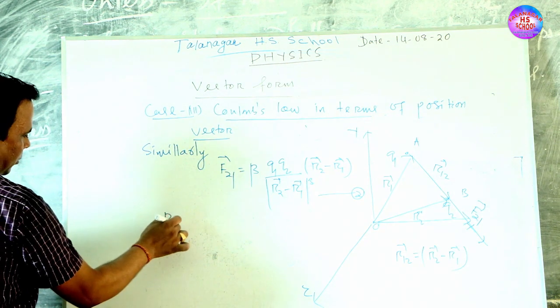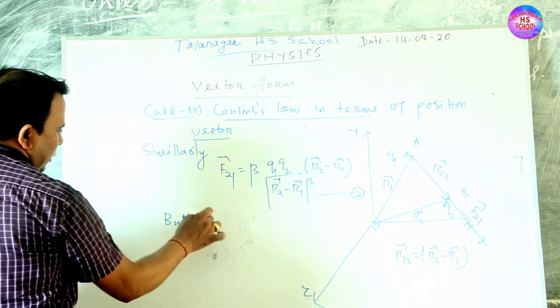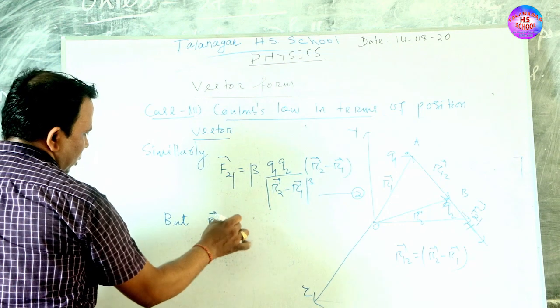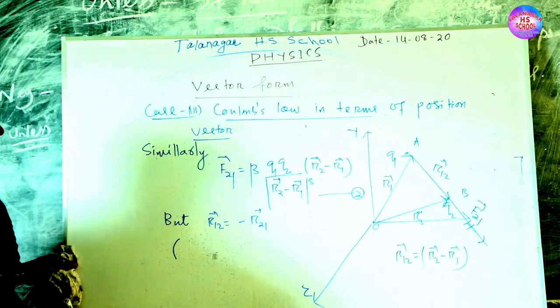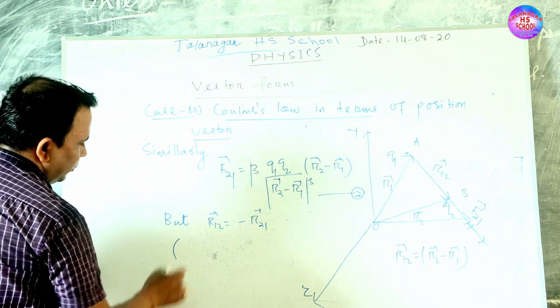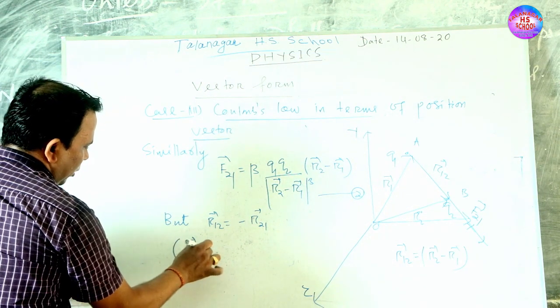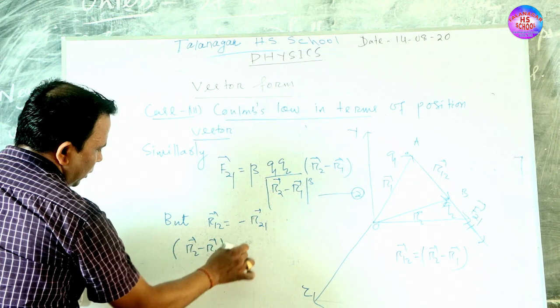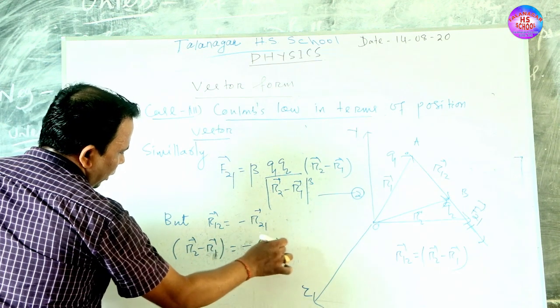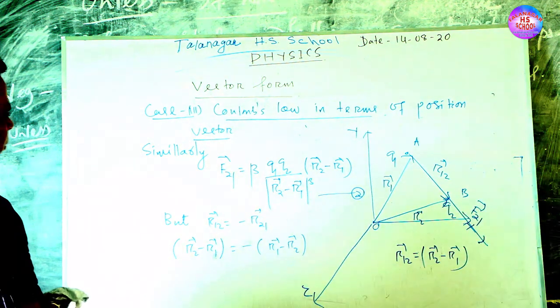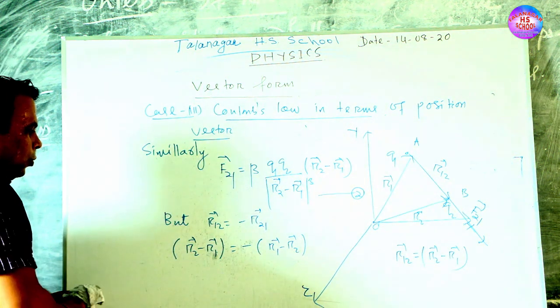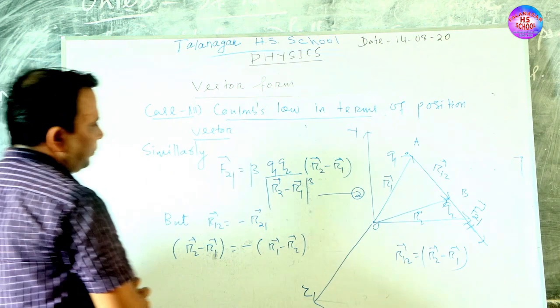But we know that r12 is the negative of r21, meaning r2 vector minus r1 vector is equal to minus of (r1 vector minus r2 vector). From equation 1 or 2 we put in the value.